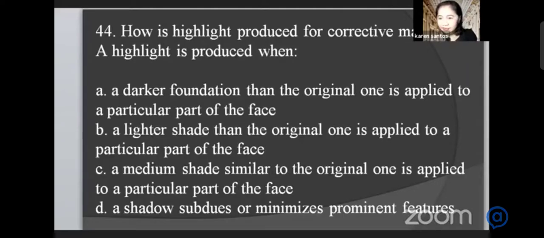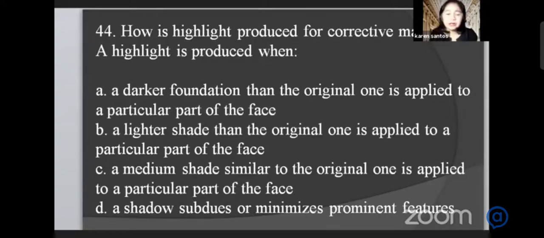Occasionally po. Occasionally. So, are you using a highlighter? Sometimes po. Okay, kapag may mga okasyon lang, ano? Opo. Okay, so, thank you, Miss Shara.